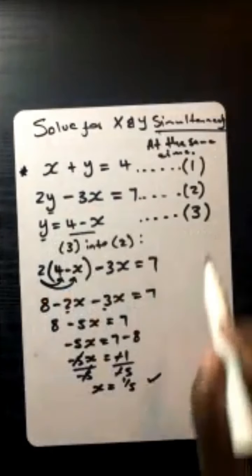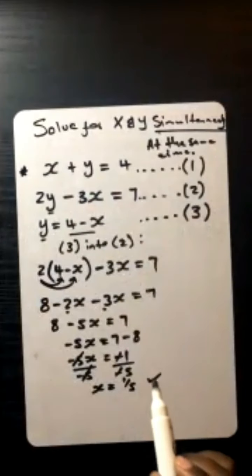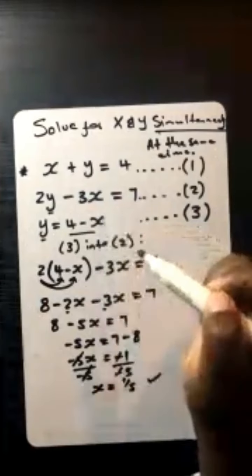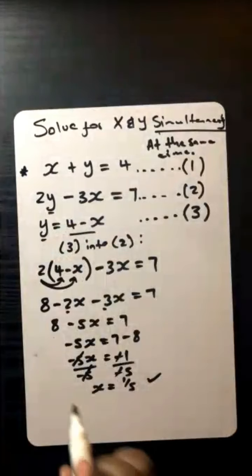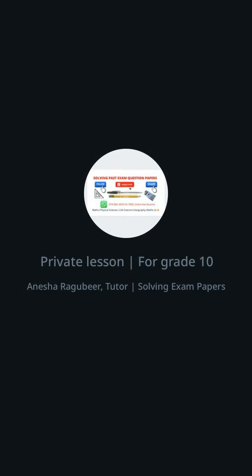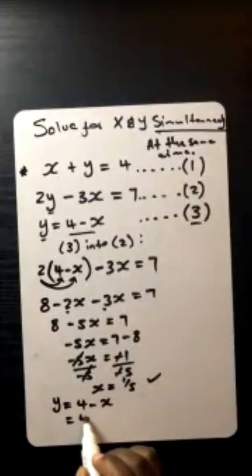So that is the reason why we made y the subject of the formula, because we wanted to calculate the value of x so that we substitute it there to get the value of y.